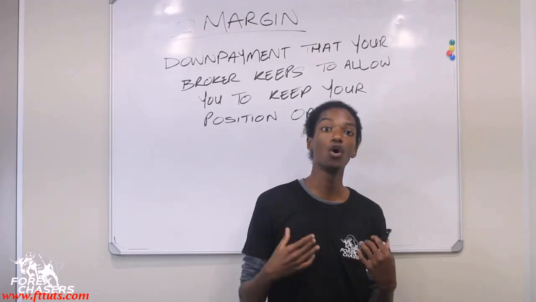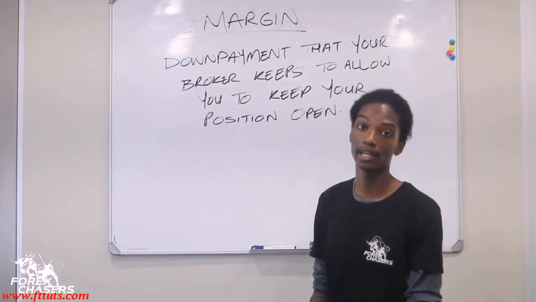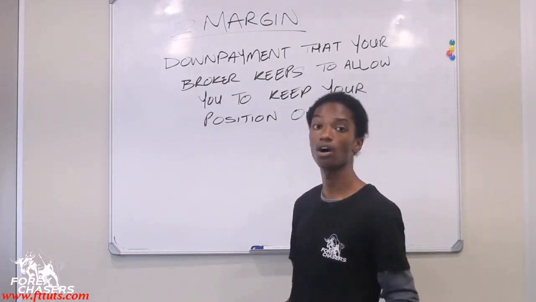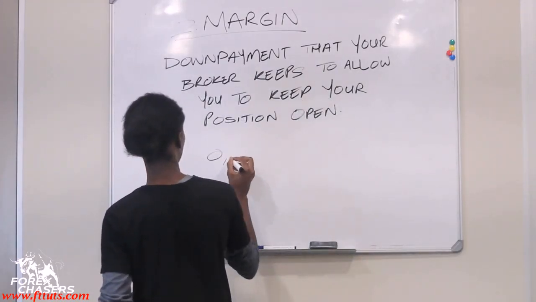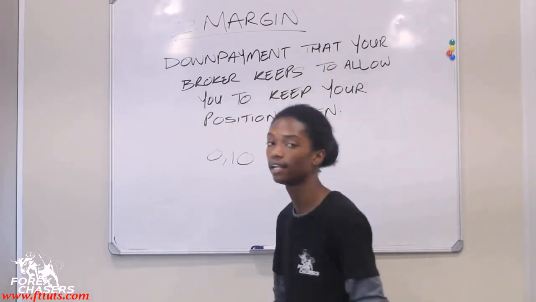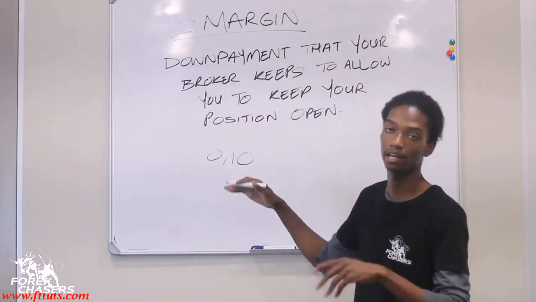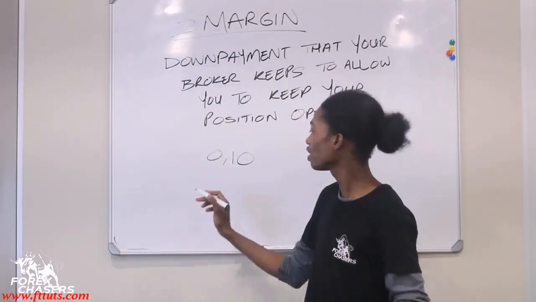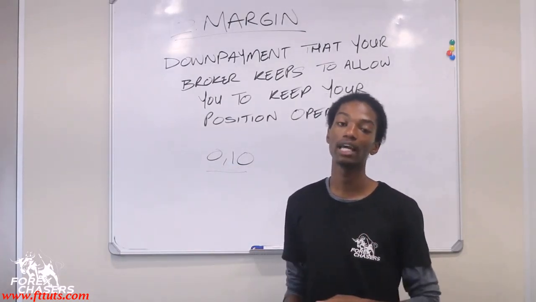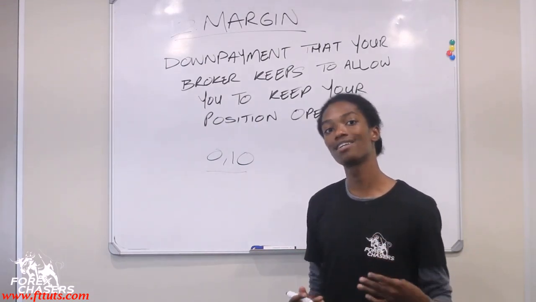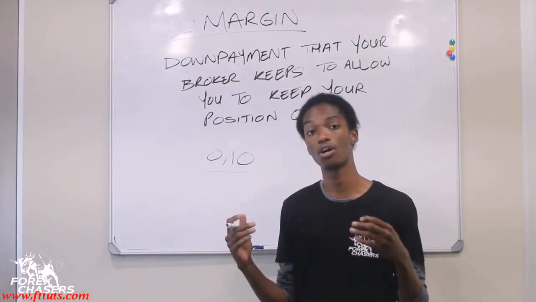So what happens when you open a position? Let's say we are opening a position using one mini lot, so we're opening a position at 0.10, and let's say we're buying. To open this position, our broker will require something called a margin. A margin is a percentage that is calculated based on the broker.